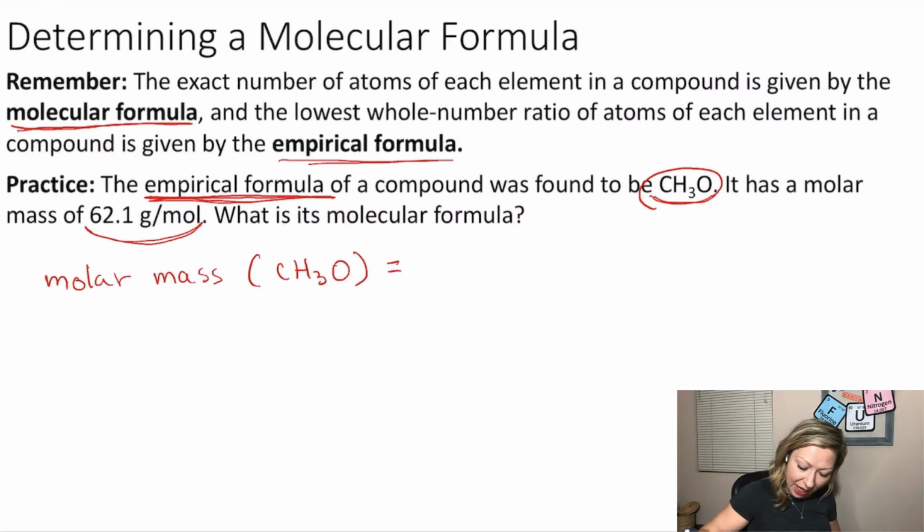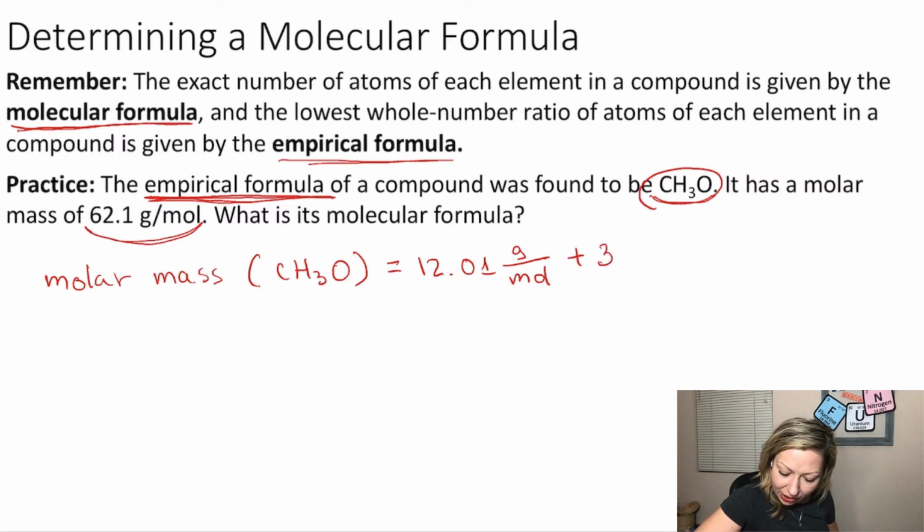formula. All right, so I have one carbon atom, and the mass of a carbon atom is 12.01 grams per mole. I have to add to that 3 times the molar mass of hydrogen atoms because I have 3 hydrogen atoms, so 1.01 grams per mole.